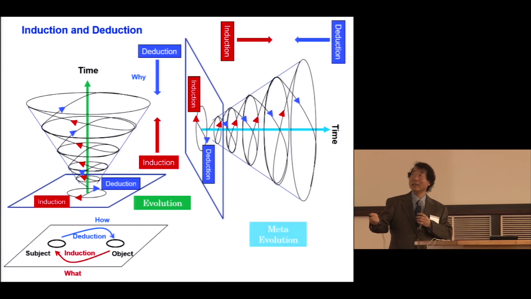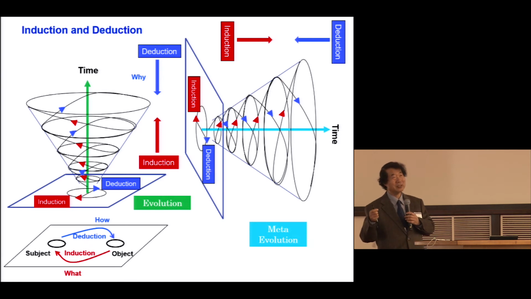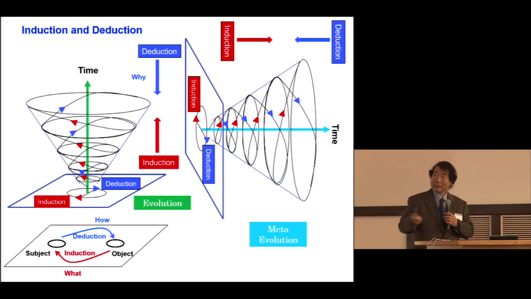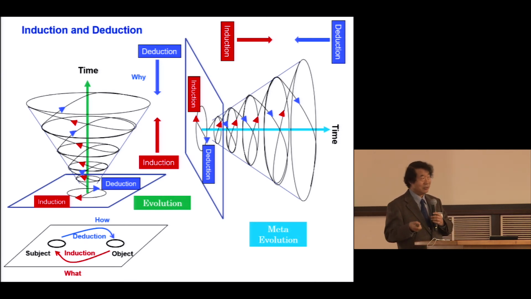Again, we may have deduction and induction. Originally this is evolution, and the emerging axis is meta-evolution, and so on. This means that starting only from a simple relationship, we may have infinite fractal nature.